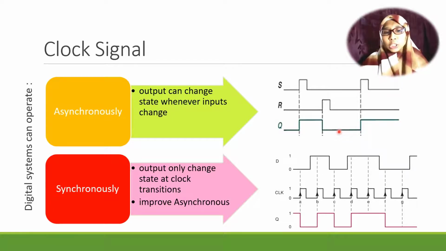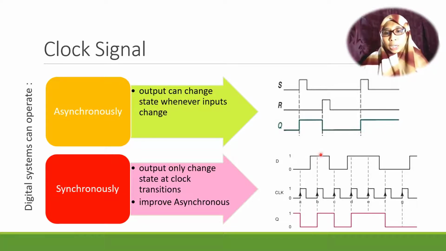It's different from the synchronous, where we can see that when the input changes, for example here, in the middle of the clock, it doesn't change the output, so the output remains as the same signal, which is 0.